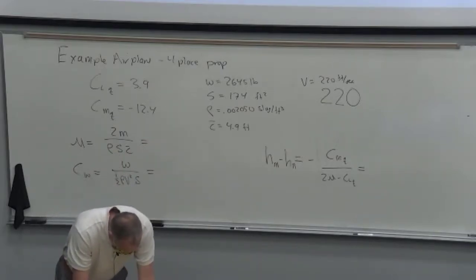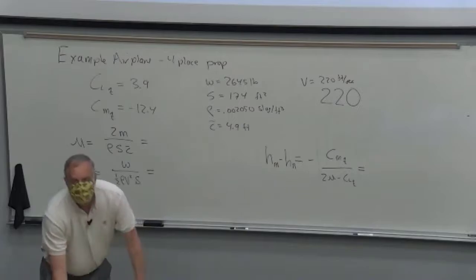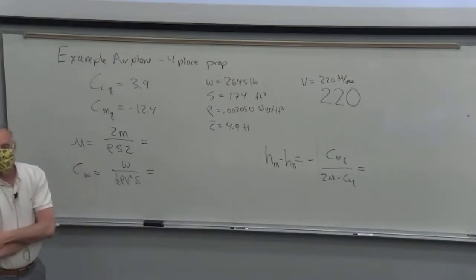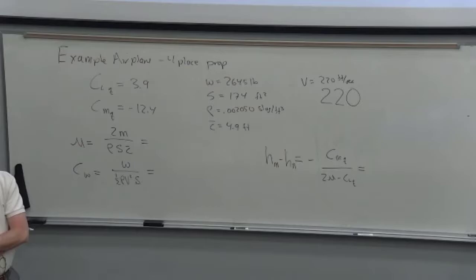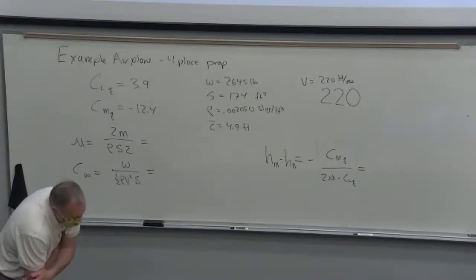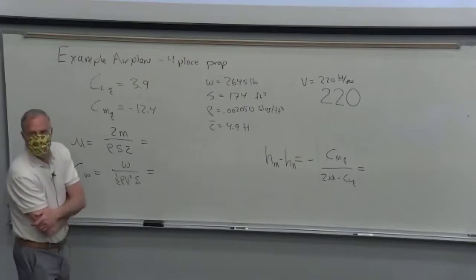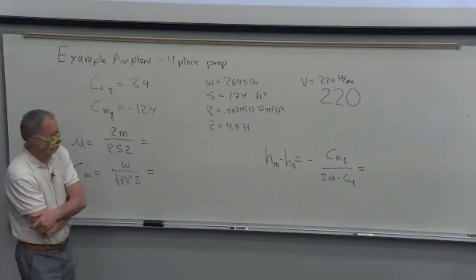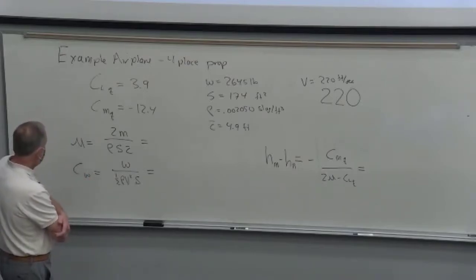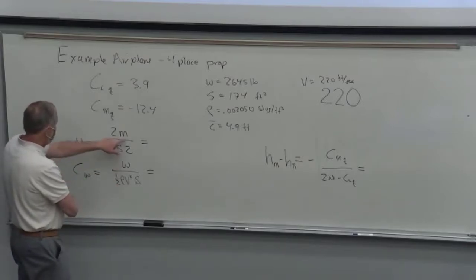How are we doing? What are you getting for CW? I think we've calculated this before. This would be the lift trim coefficient. You guys getting 0.306? Yeah. Think so.